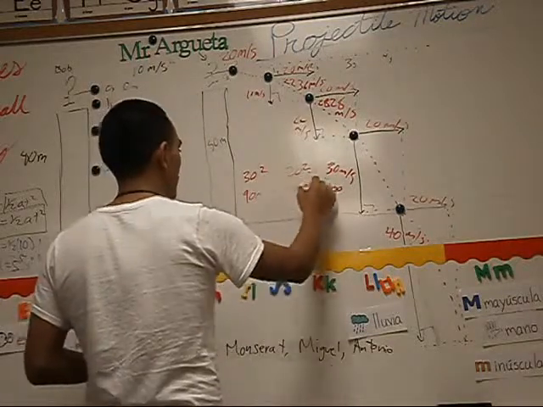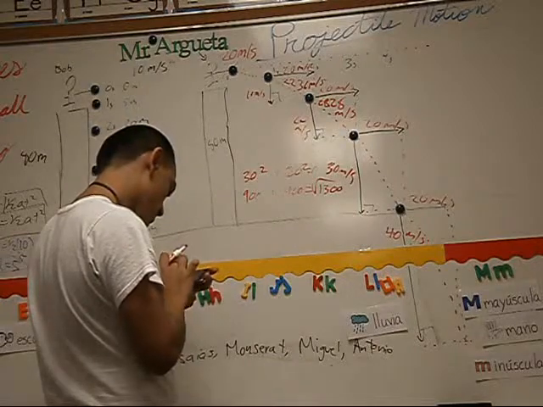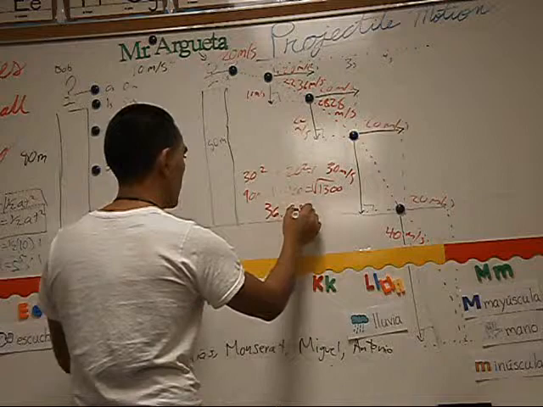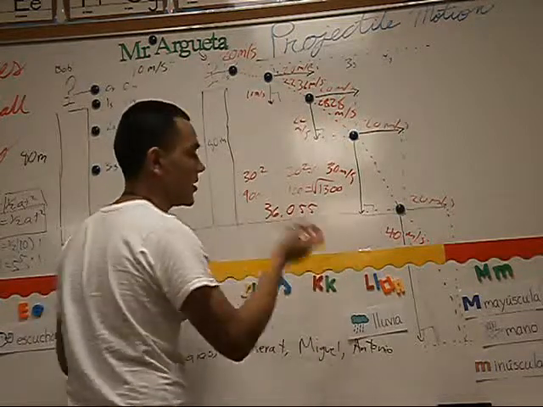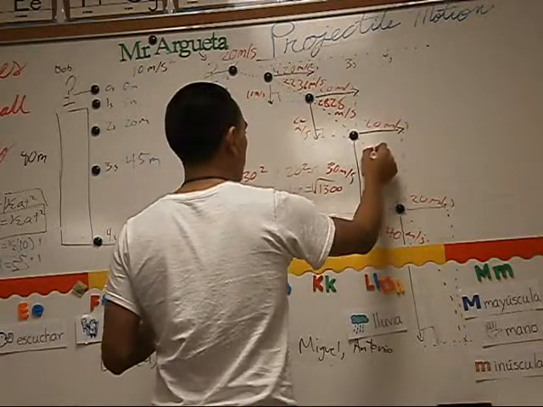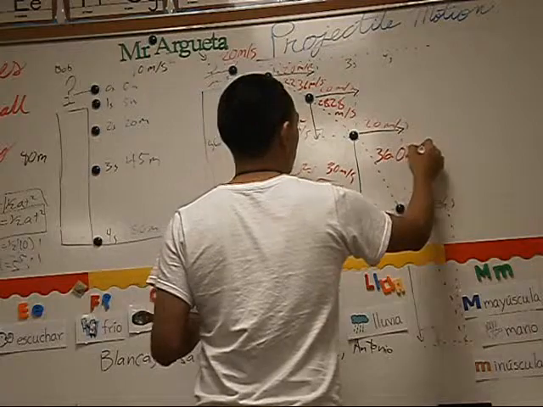So now we got to figure out the square root of 1300. The square root is 36.055, which rounds to 36.06. So our resultant velocity is 36.06 meters per second.